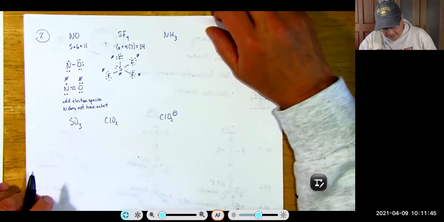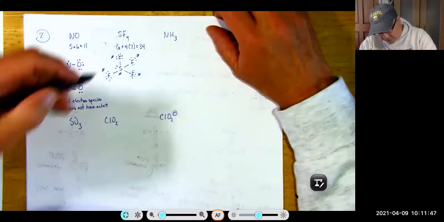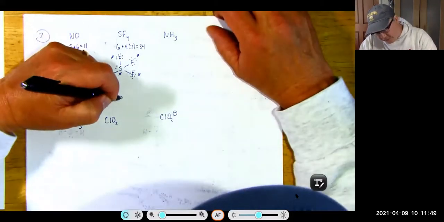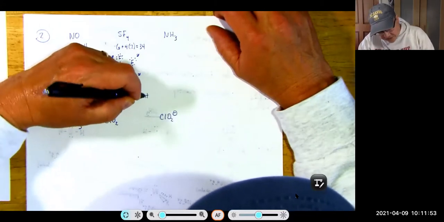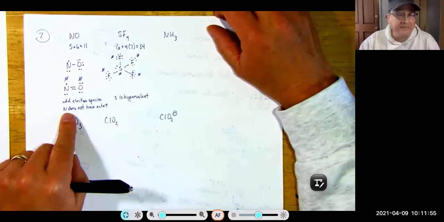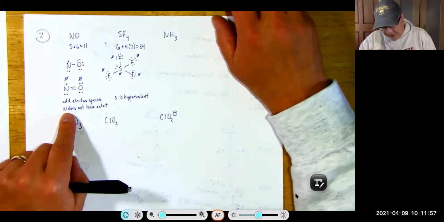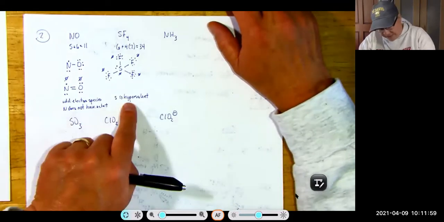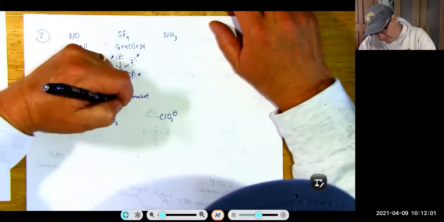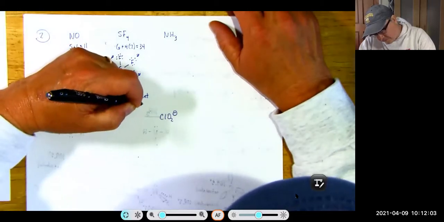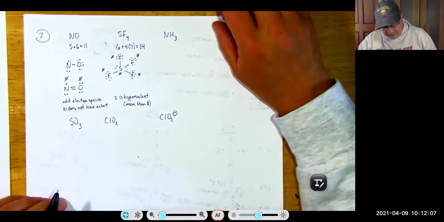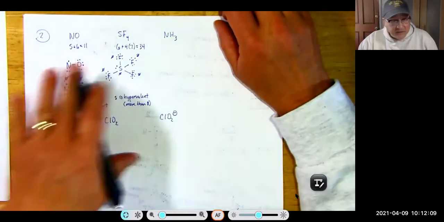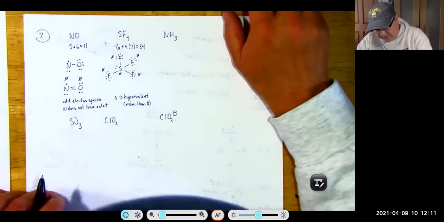So this one, the sulfur is hypervalent. We could actually call nitrogen hypovalent, but I don't think anyone ever uses that. Hypervalent means more than 8. But we don't have any odd electron atoms in here.